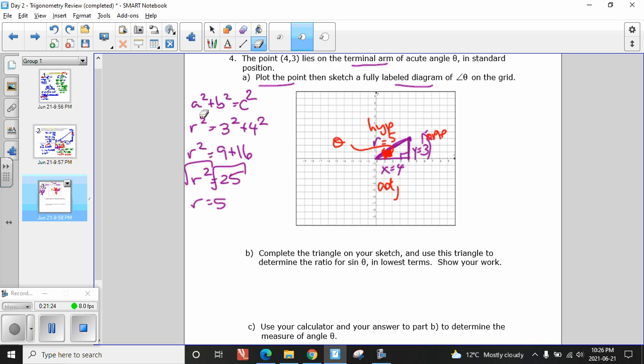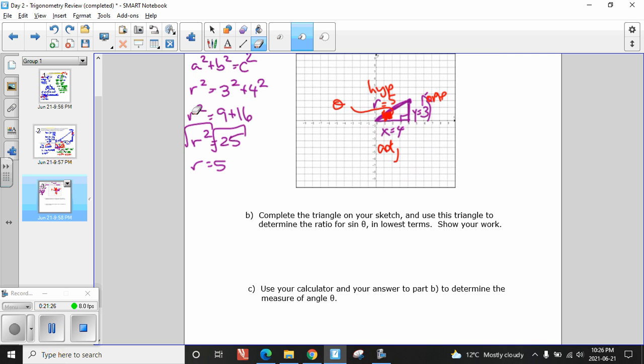All right, 2 more little questions that follow from this one. Complete the triangle on your sketch. So I did that in purple. And use the triangle to determine the ratio for sine theta. So sine of this angle down in the bottom left corner, in lowest terms. So if we can reduce it, we should.